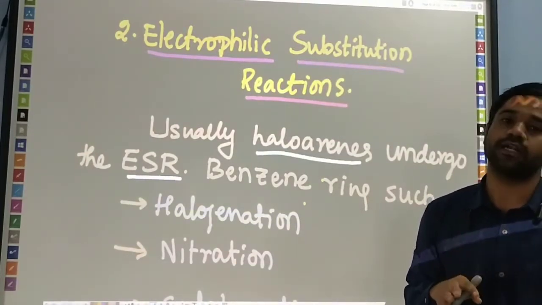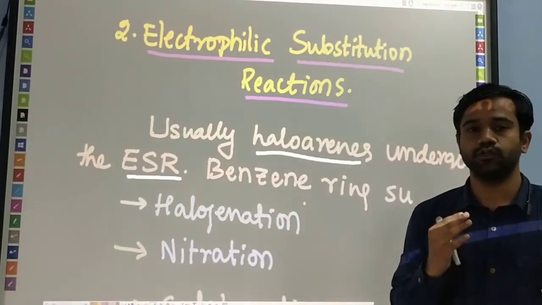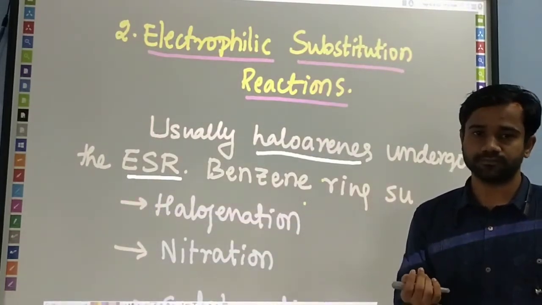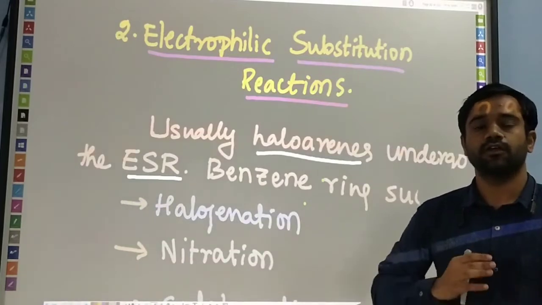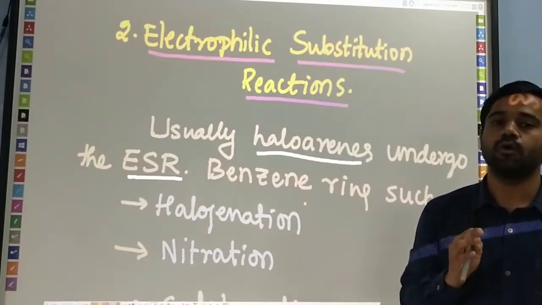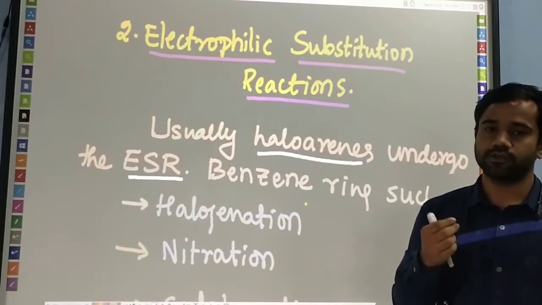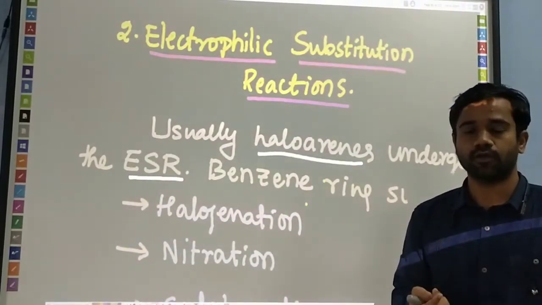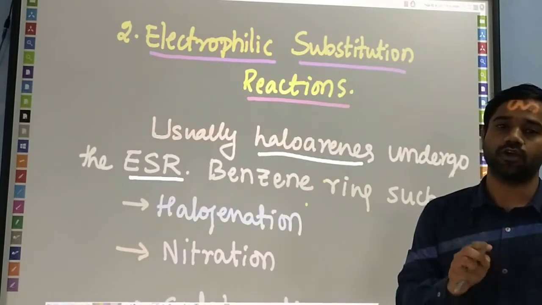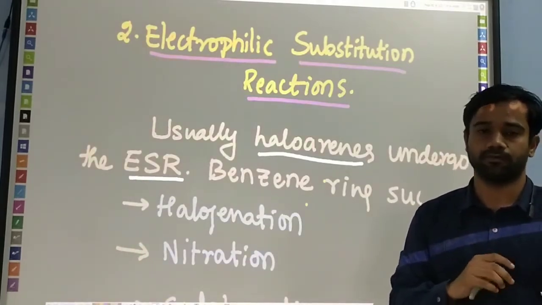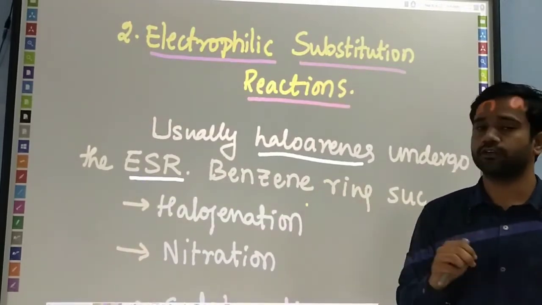I think you already know the difference between the nucleophile and electrophile. Let me brief you about that. A nucleophile is an electron-dense molecule which always tries to attack the less electron-dense compound. Next, the electrophile.